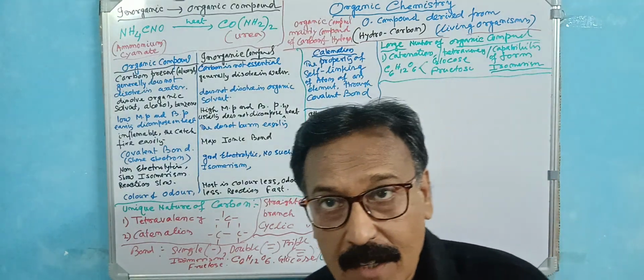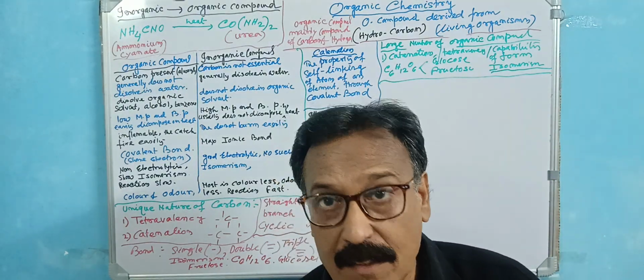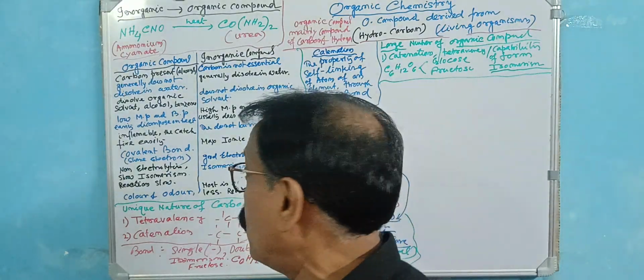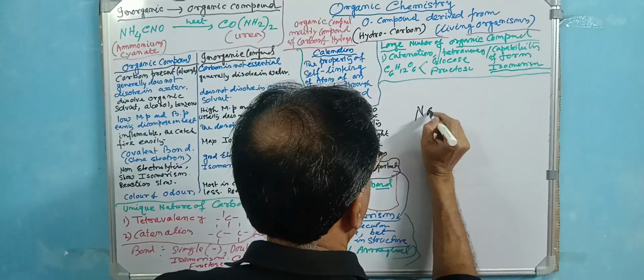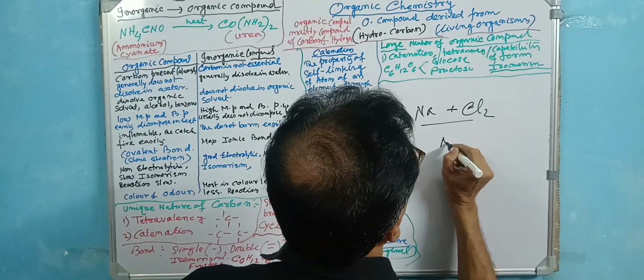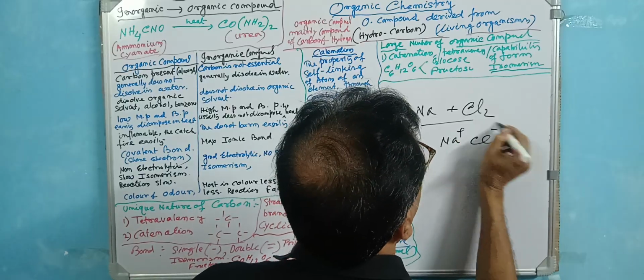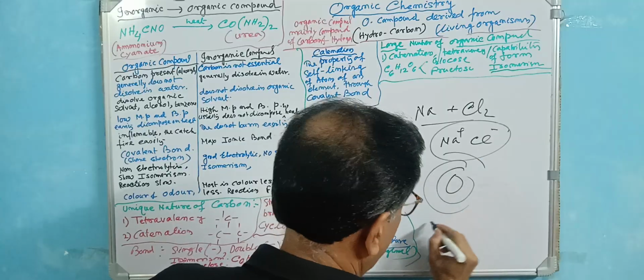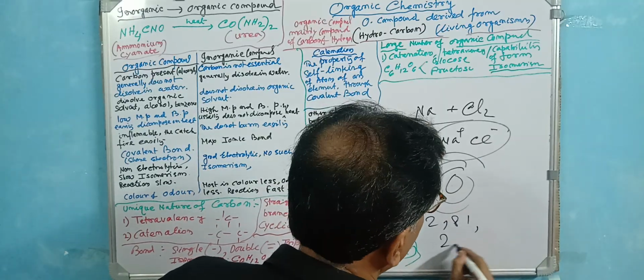In inorganic chemistry, you know certain ideas of bonding, the ionic bond. Suppose this is the ionic bond, that means Na plus Cl2 gives sodium chloride, that is Na+ Cl-. This bonding is a shifting of electrons; sodium is 2,8,1 and chlorine is 2,8,7.